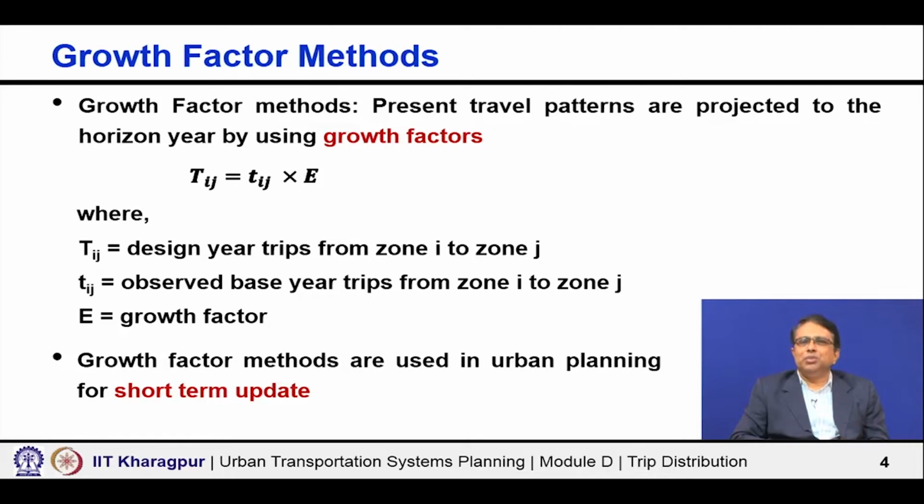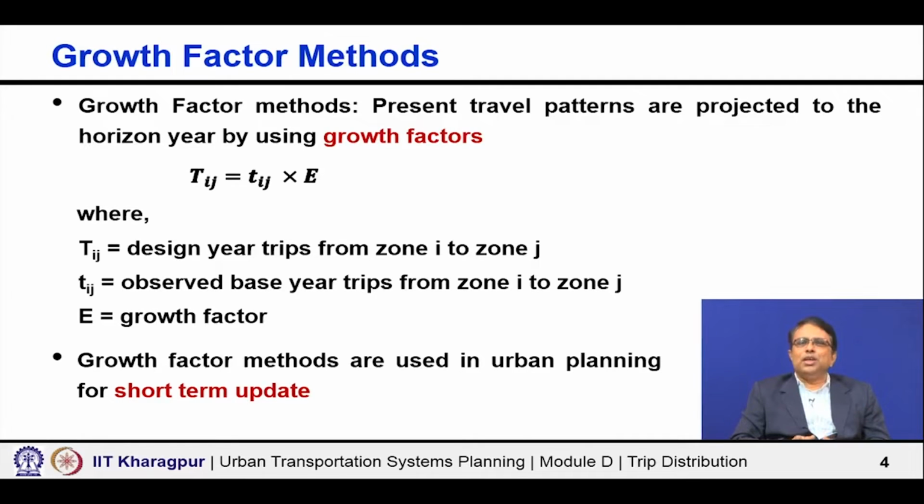So, capital T represents the future value, small t represents the present value, and the present value is multiplied by the growth factor E. Now, all these growth factor methods are used in urban planning for short term update. We shall discuss more about the applicability. The growth factor methods have their own advantages as well as their own limitations.